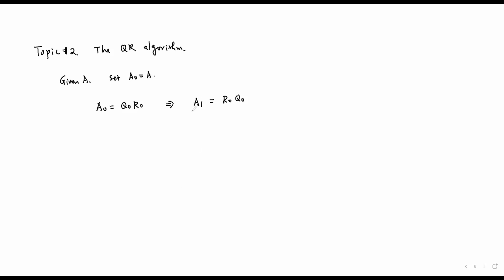This new matrix actually is similar to A0. How to see similar? Take a review. When are two matrices called similar?